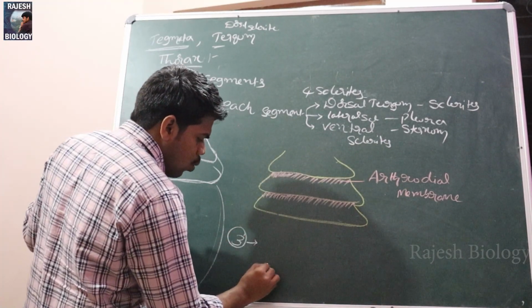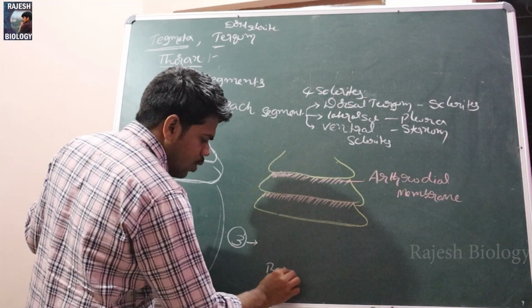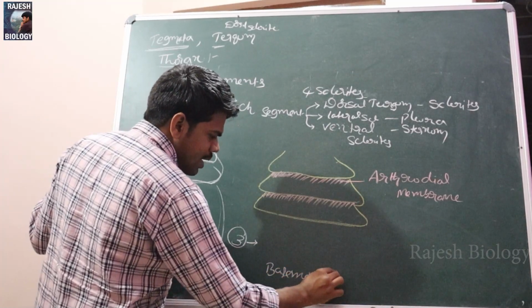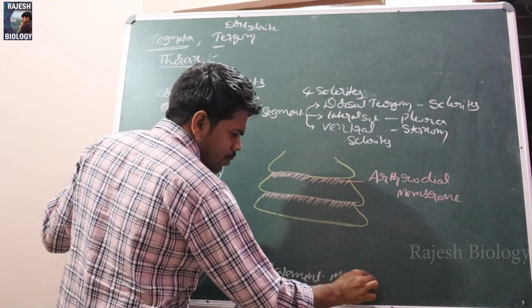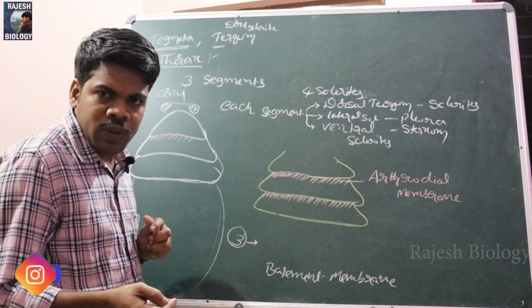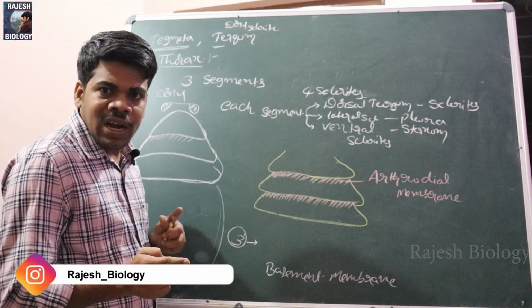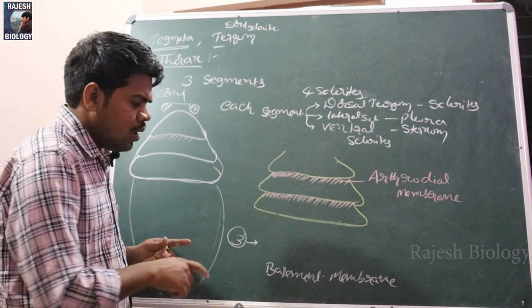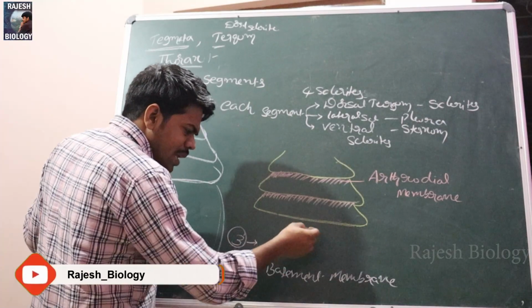Three layers. One is the basement membrane. This basement membrane, as you already know, in the epithelial tissues, all the epithelial tissues lie on the basement membrane.